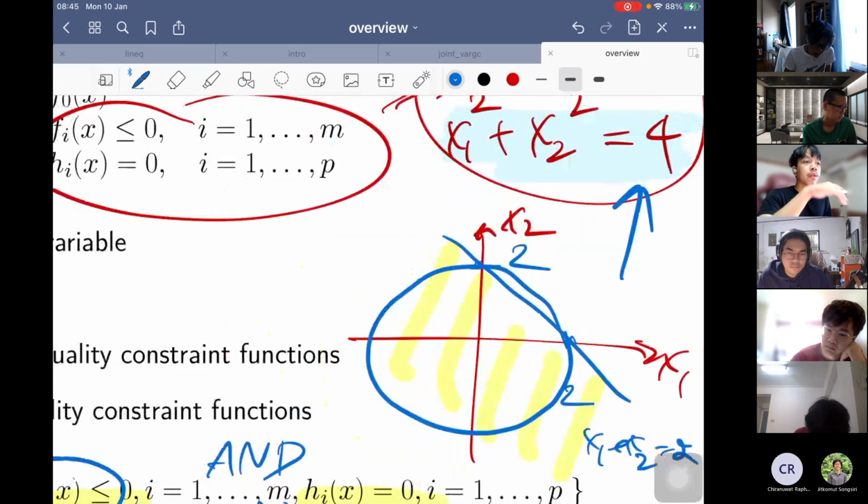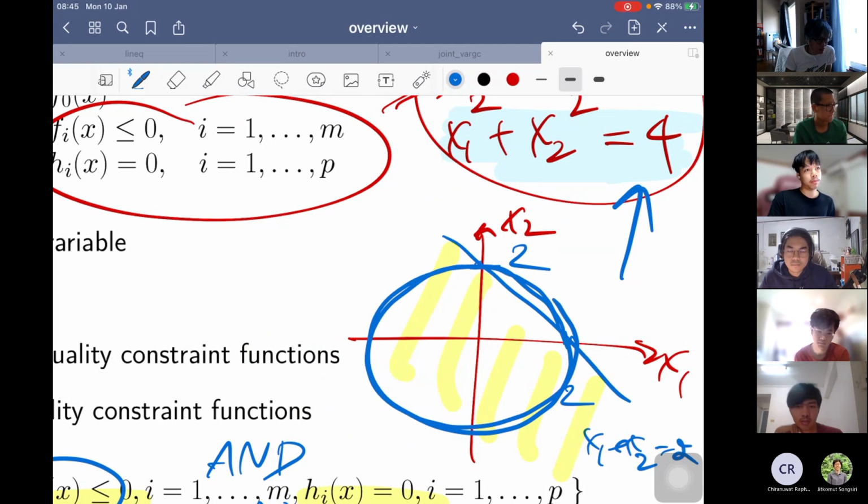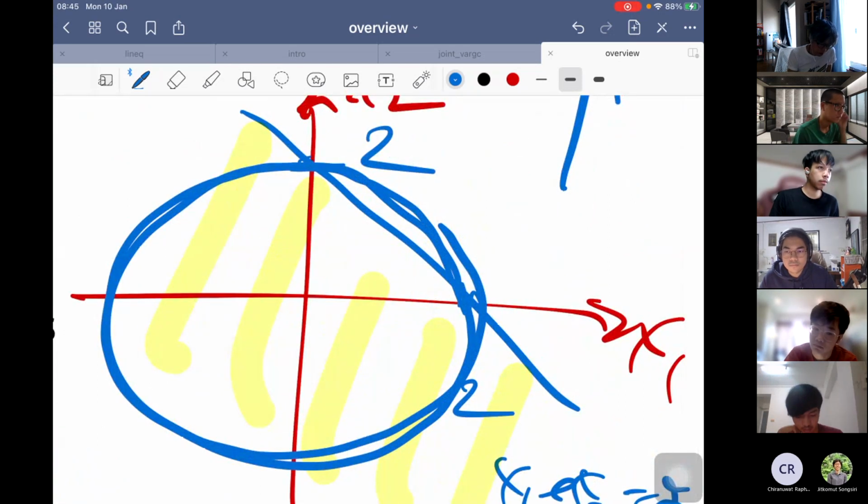What do we do with these two areas? As I mentioned, you have to do the intersection. So it's the intersection of the line, the circle, and the yellow area, and the result is the part of the circle that is below the line.